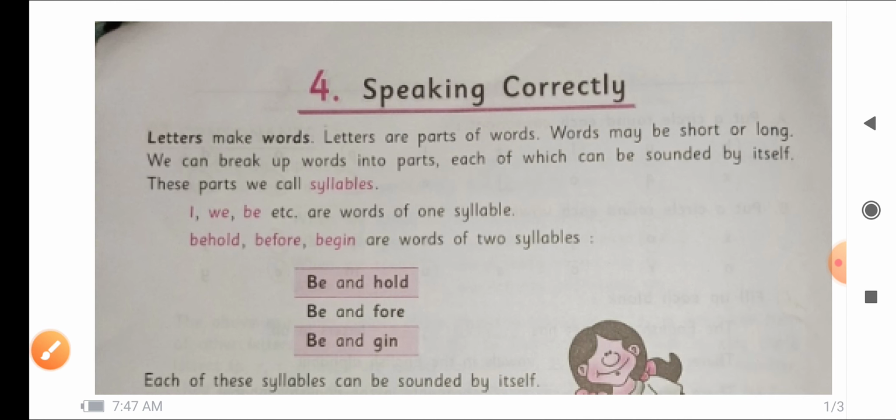That means if we talk about a particular word, what happens with it? It has different parts. We can separate them, isn't it? So that each can have the sound of its own.